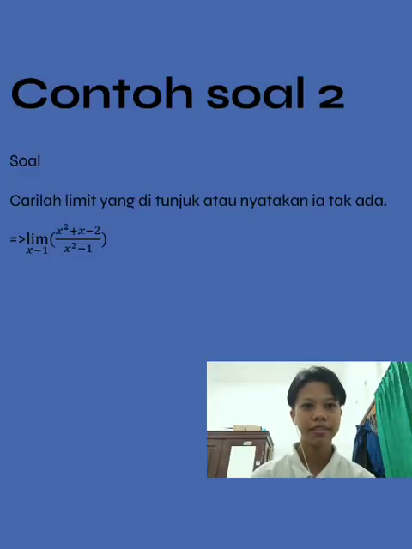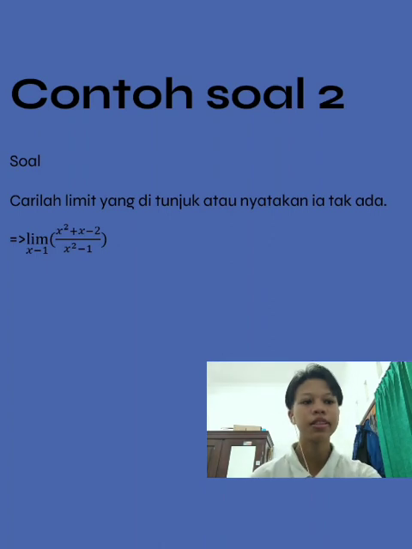I will explain one of the questions from the module. Find the limit that is chosen, or explain that it does not exist. The question is the limit as x goes to 1 of (x squared plus x minus 2) over (x squared minus 1).